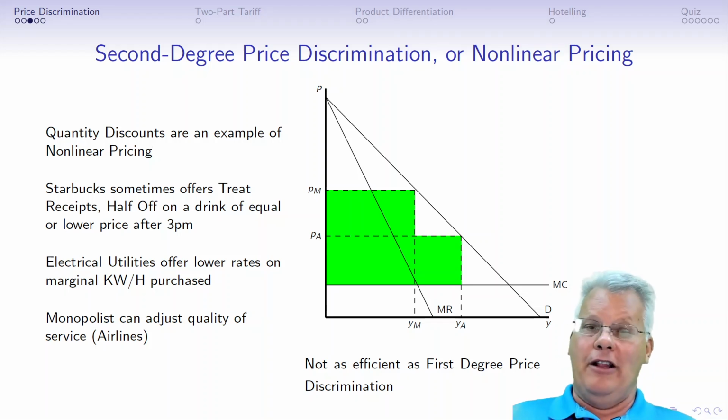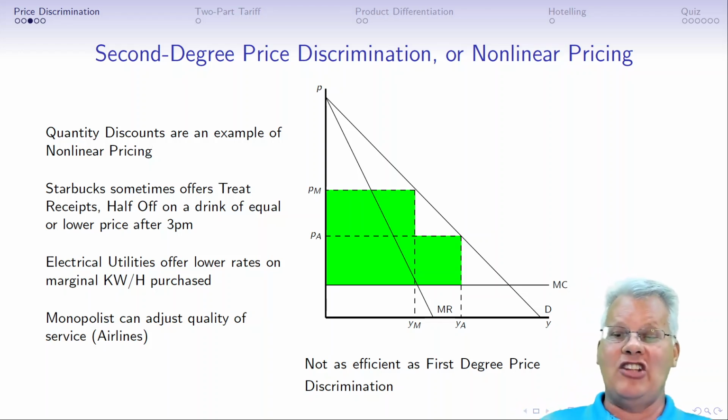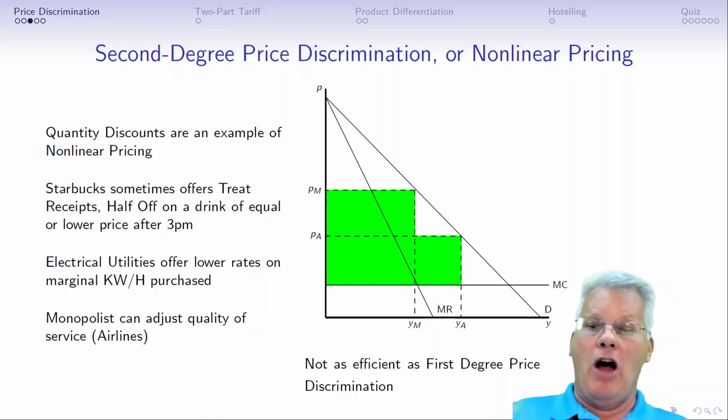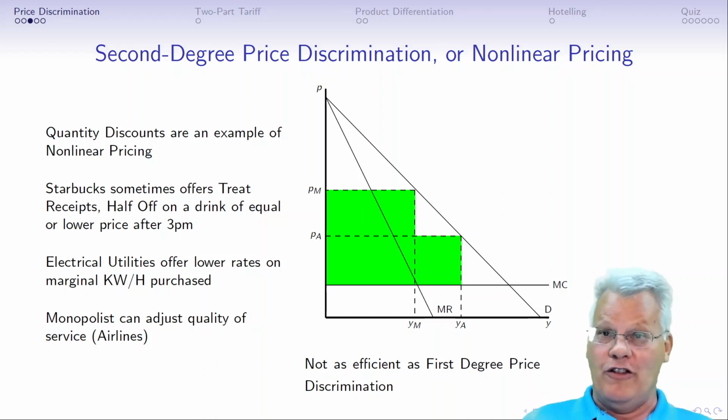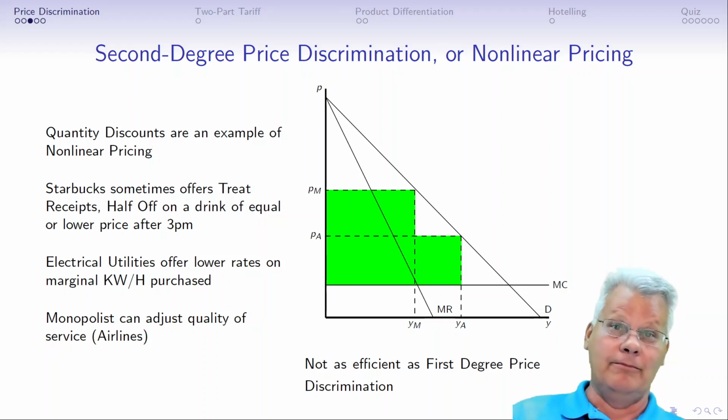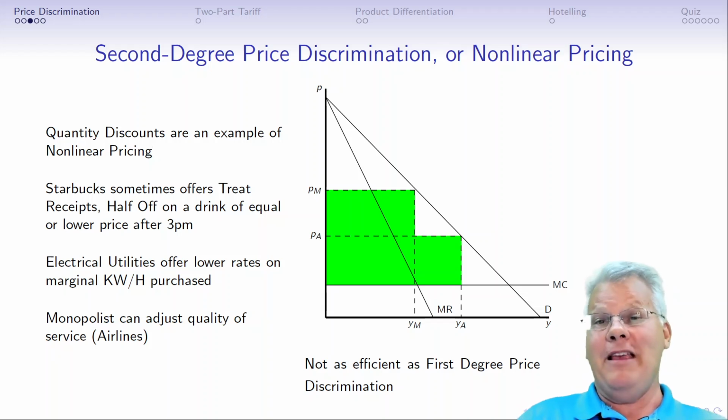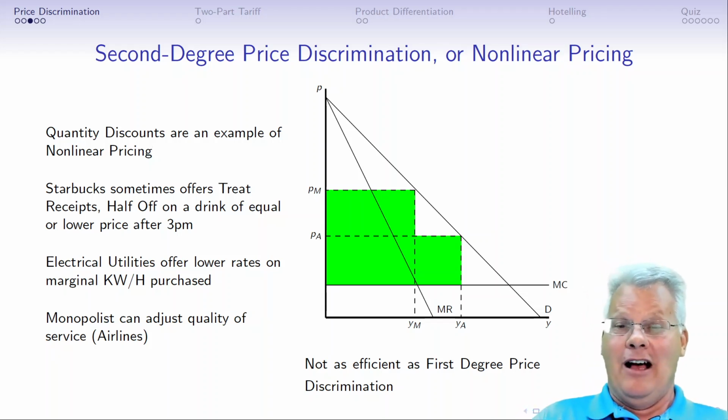Another example that Varian talked about in his text was that the monopoly can address the quality of service to engage in price discrimination. And the classic example of this might be the airlines, right?